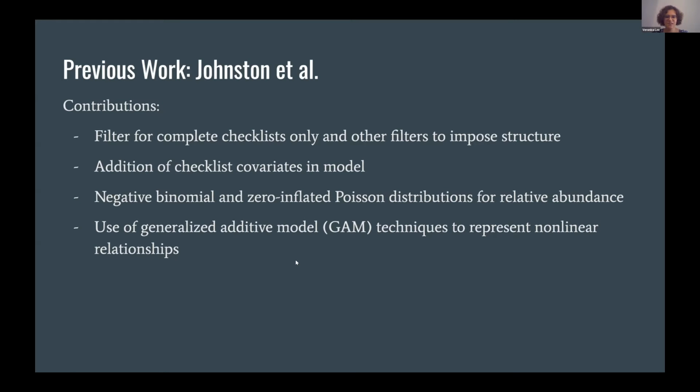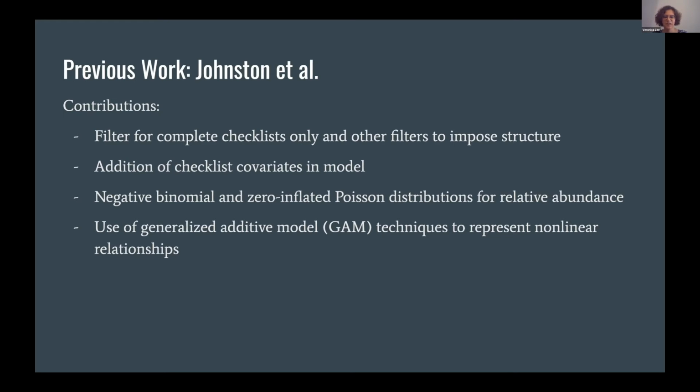I will now go over the previous work done by Cornell Lab researchers, Johnston et al. They had several important contributions. They created a filtering structure, in particular, filtering for complete checklists only. So we only have eBird checklists where people recorded every bird that they identified. They added the checklist covariates that I mentioned in the previous slide into the model, which is very important as it accounts for bias in the different ways that people may choose to conduct a checklist.